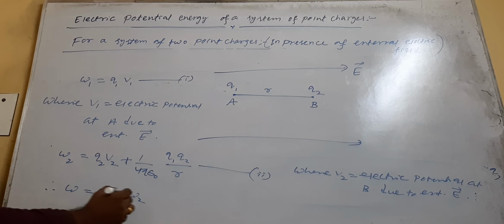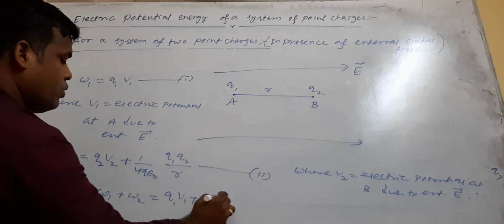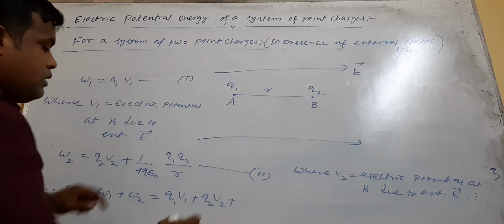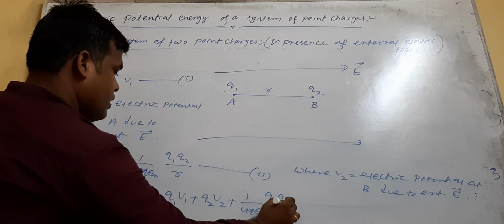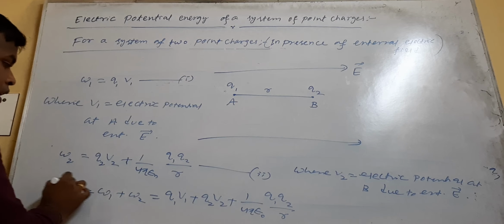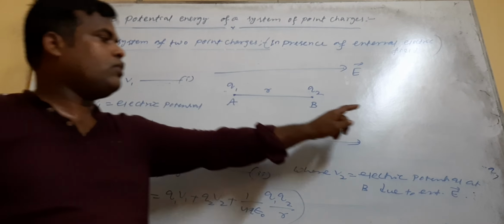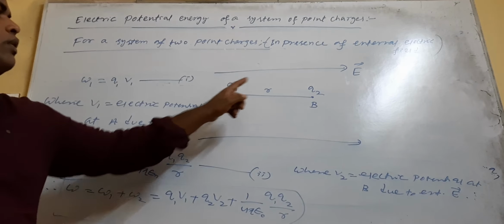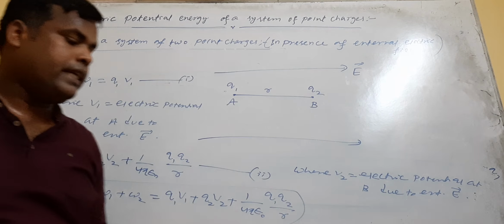W1 plus W2 is equal to Q1 V1 plus Q2 V2 plus 1 by 4 pi epsilon 0 Q1 Q2 by R. It is the net work done in bringing the charges Q1 and Q2 from infinity to their respective places in the external electric field.